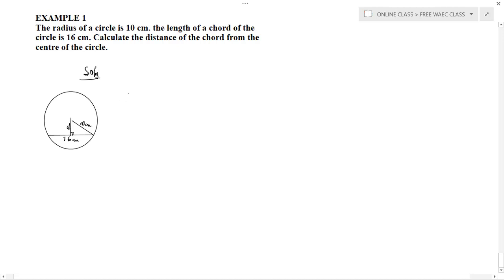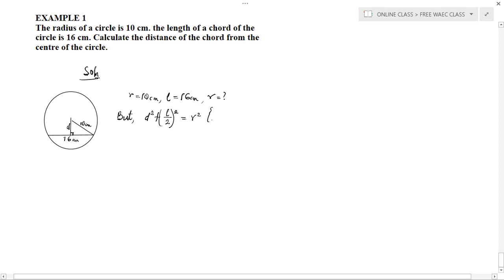From the question, it means that R equals 10 centimeters. L equals 16 centimeters. And we don't know D. But from what I gave you in the formula, we have D squared plus (L over 2) squared equals R squared.